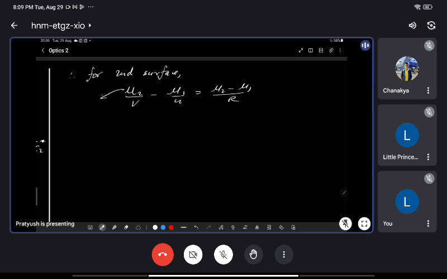This mu2 is the medium where light is going, and this mu1 is for the medium from where light is coming.